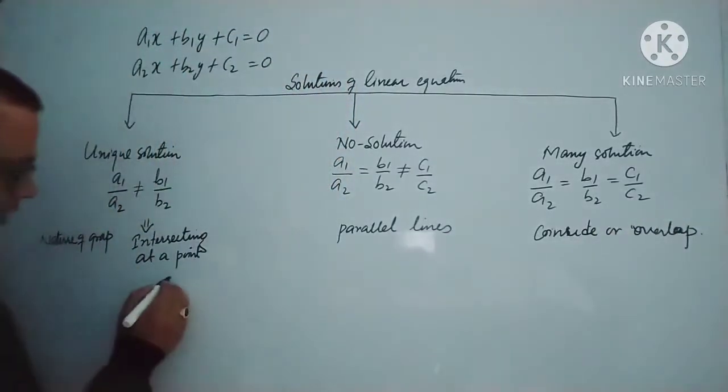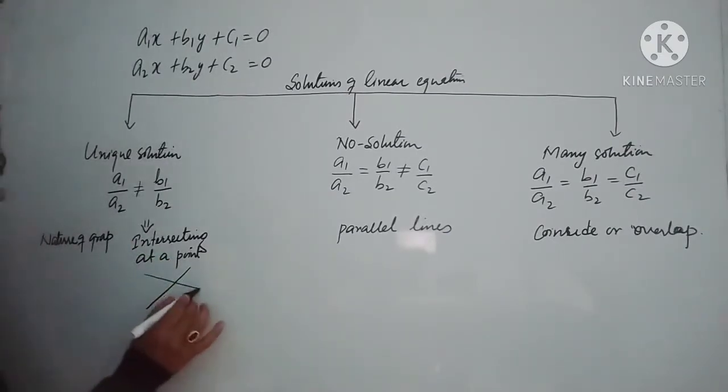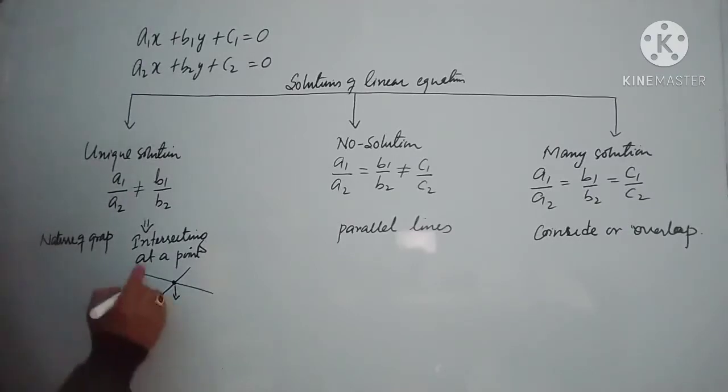Intersecting is like this. Suppose this is a line obtained from one of the equations, and this is another line obtained from the other equation. This point is the intersecting point.